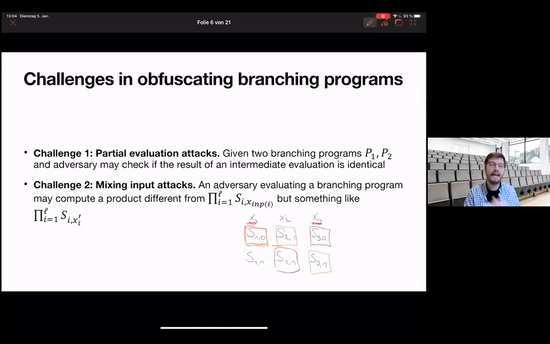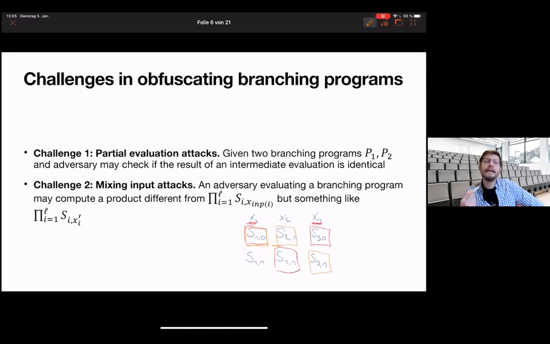Of course, for any given multilinear map, there might be other attacks. What I'm going to show you is just a security proof in an idealized model. However, if the multilinear map is used as it is prescribed by this ideal model, those two will essentially be the only attacks.